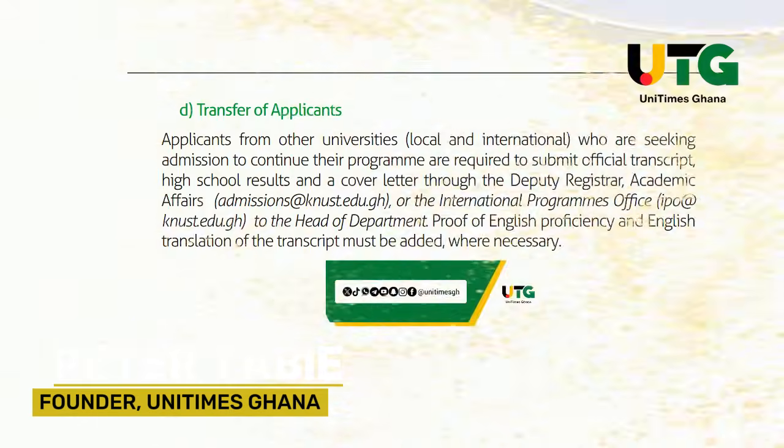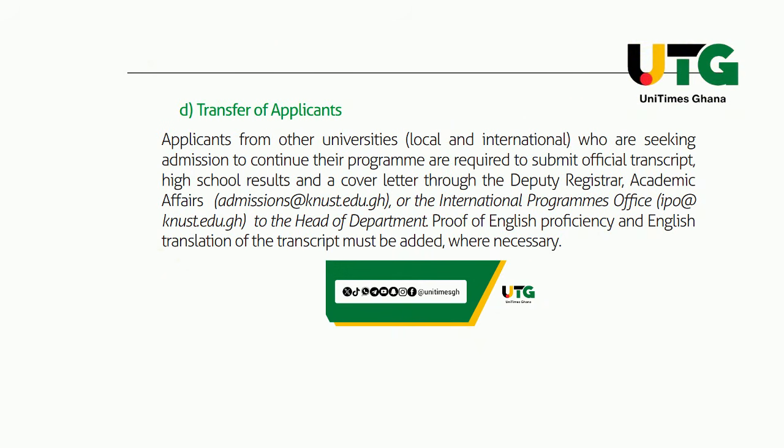When you go through all this process and submit your application, the school then goes through it and sees if you are viable or eligible to be transferred. I've encountered a couple of people that have transferred from their universities to KNUST to continue their education. It used not to be common, but now the school has openly made it known through the admissions requirements PDF. Its transfer of applicant section gives a simple description of what you're supposed to do.